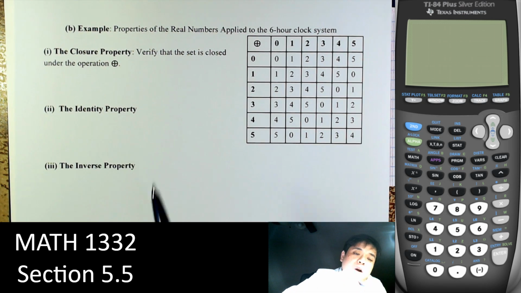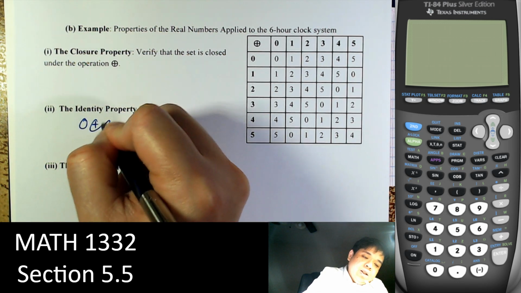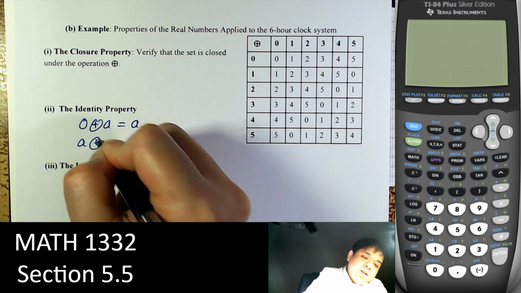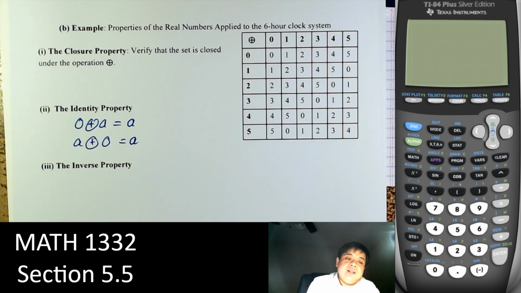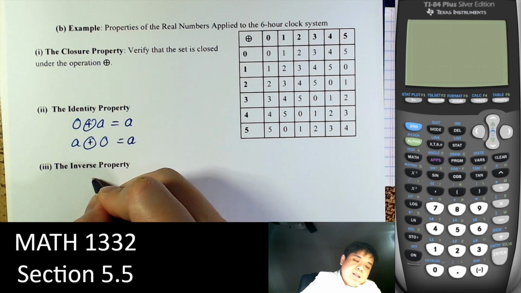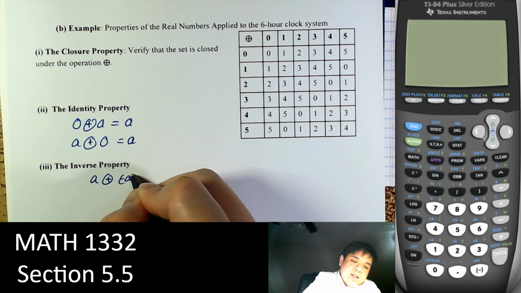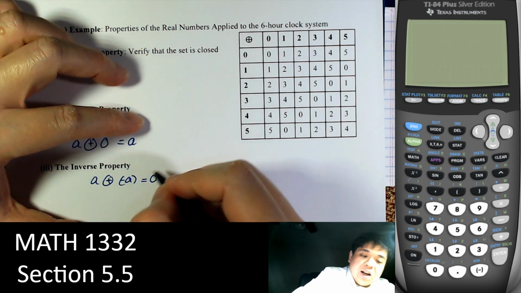The identity property, we can say 0 plus anything is anything plus 0 is itself. So 0 is the identity here. And the inverse property, so we can say A, if you add to negative A, is equal to 0. But the negative is defined a little bit differently.